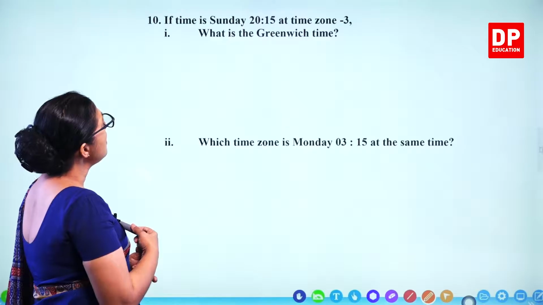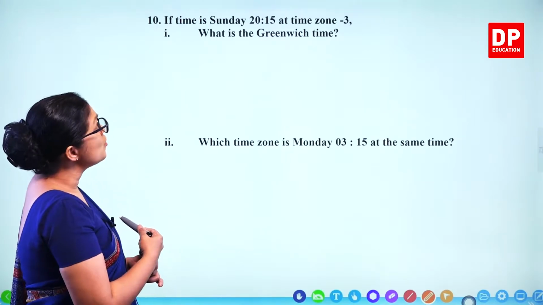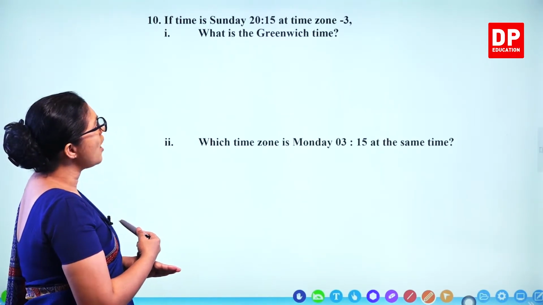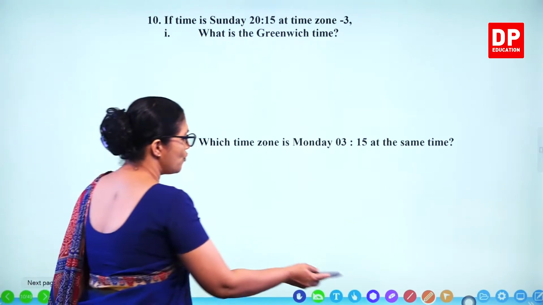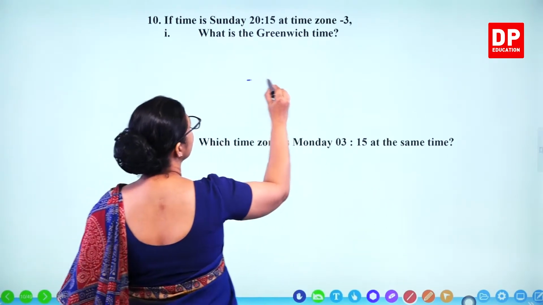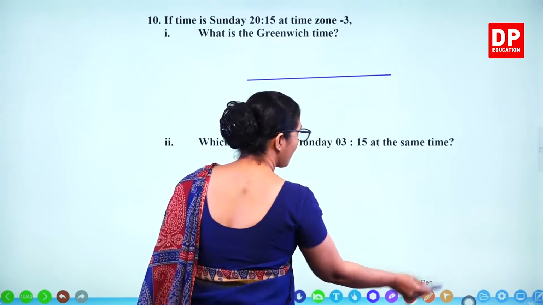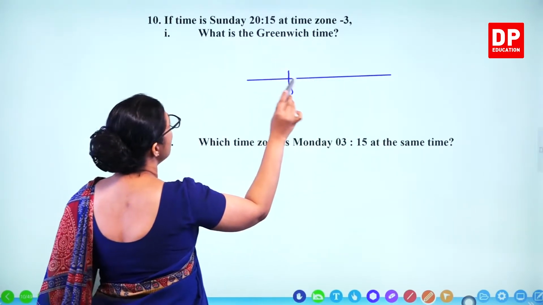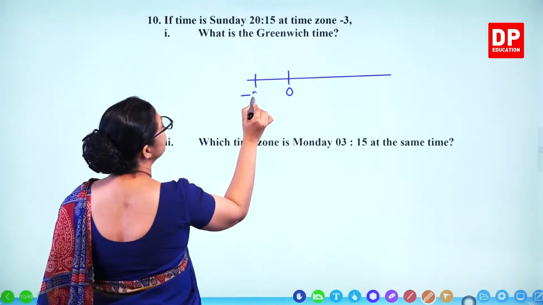Question number 10. If time is Sunday 20:15 at time zone -3, what is the Greenwich time? So if you draw this, Greenwich means 0, and -3 value is there.